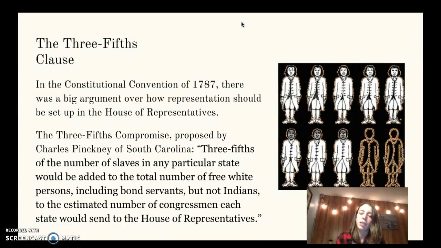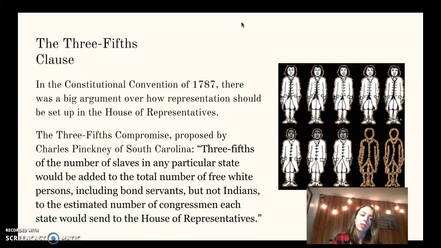So what they did is Charles Pinckney, this guy from South Carolina, he said, well, let's make it so 3/5 of the number of slaves in any particular state would be added to the total number of free white persons, including bond servants but not Indians, to the estimated number of congressmen each state would send to the House of Representatives.